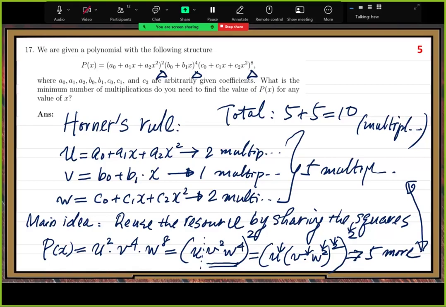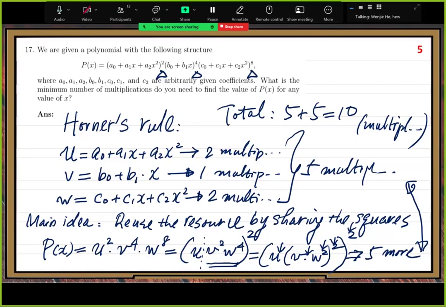The second half, most of you didn't do well. Sharing the resource is the top level principle, but still a little far away from the specific method we need to use. So we need to move down and make it more specific. How to make it more specific? Sharing the squares.